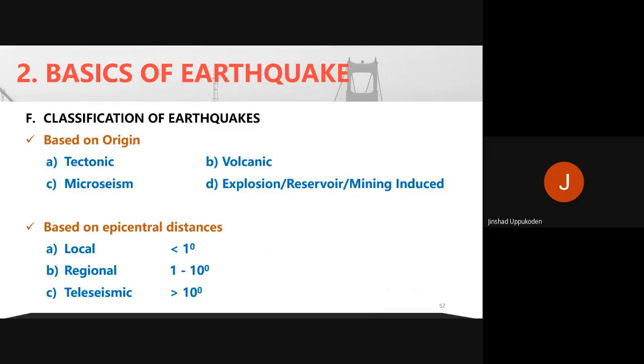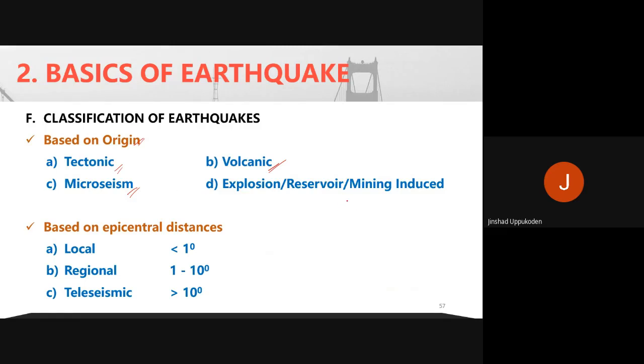And based upon the origin, tectonic, which includes those due to faults, then volcanic due to volcanoes, and microseism, which is due to natural effects. Due to natural effects, some disturbances will be caused, which will result in an earthquake.